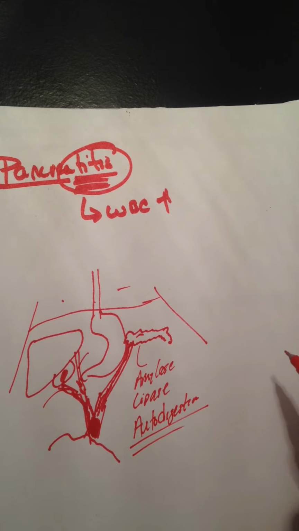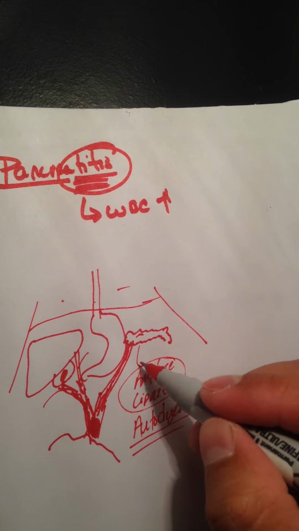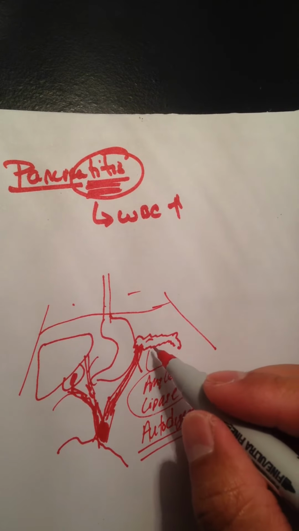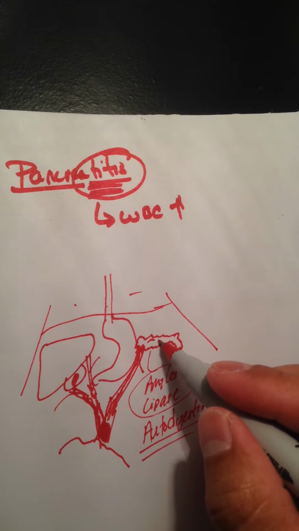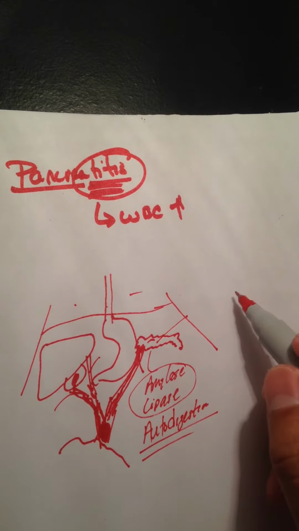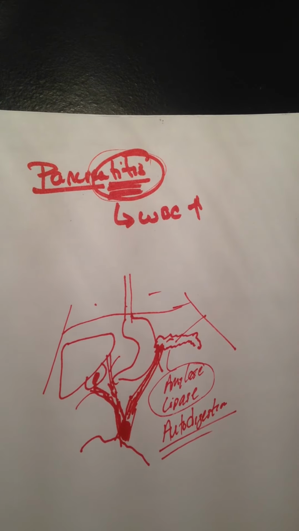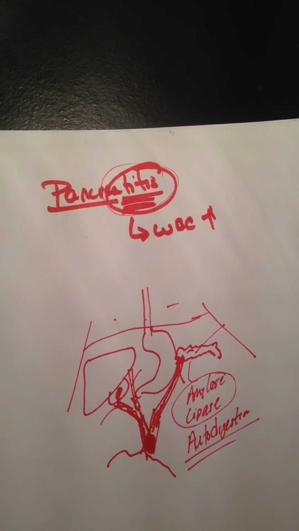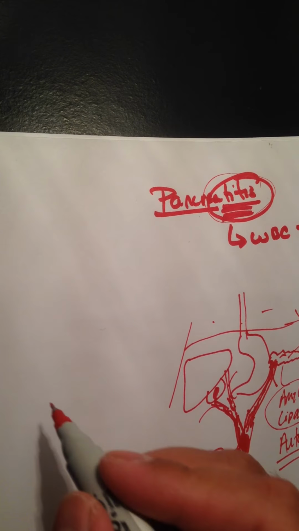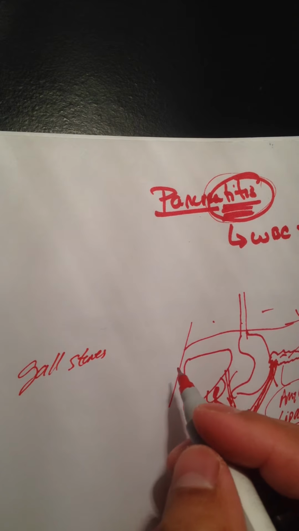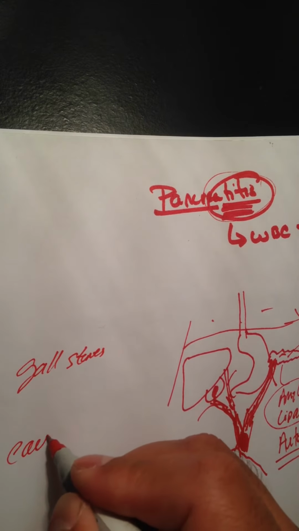And that simply means that these enzymes are going to begin to digest the pancreas. Okay? And that is going to cause inflammation. It's going to cause pancreatitis. Now, this is, for example, one instance in where gallstones cause this problem.